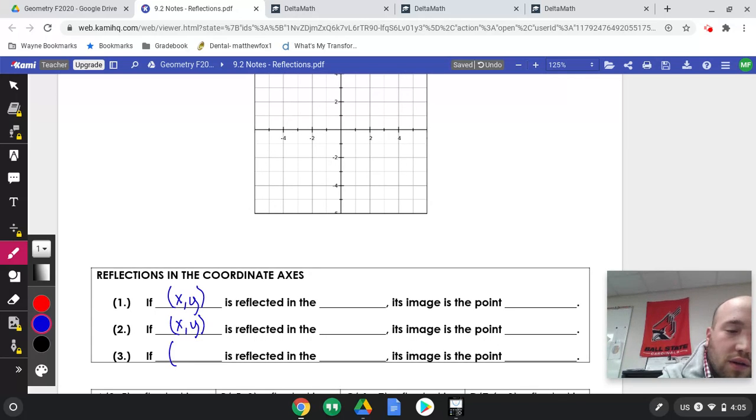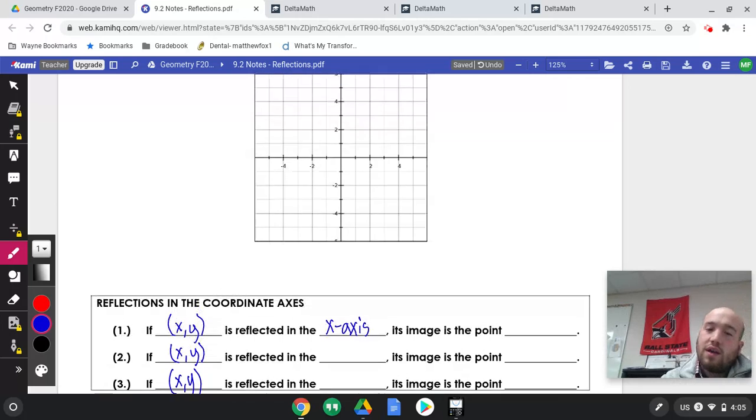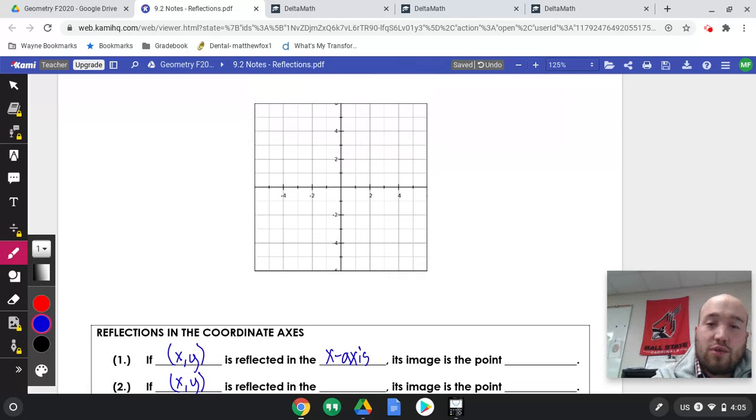Okay, so if we have this generic point x, y and we reflect it over the x-axis. Now, I don't know, this is just an example, but if we had the point x, y, so say it was over here, and so x, y, we're also knowing though that point is at 3, 2, okay?